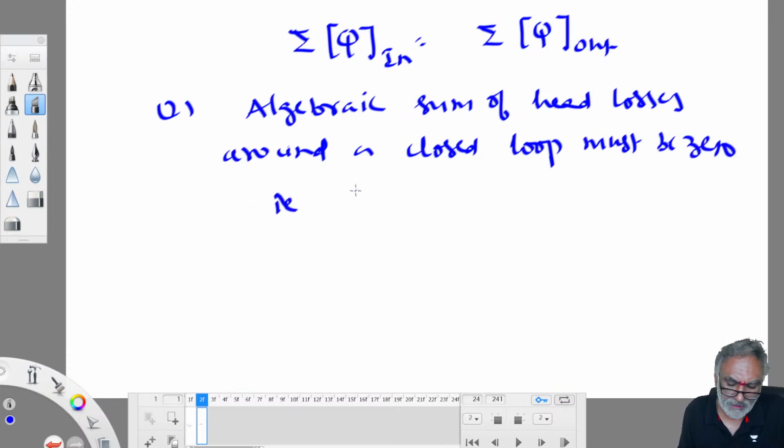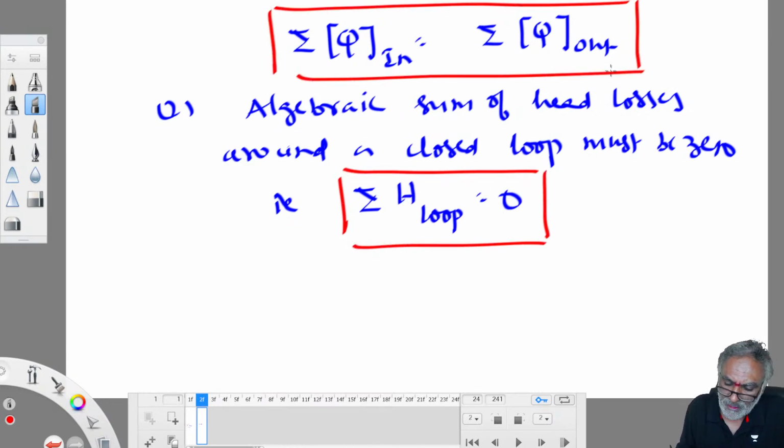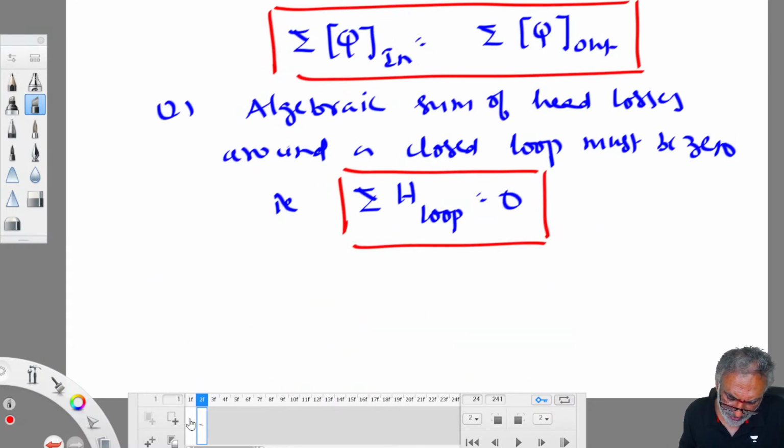That is sigma h around a loop must be 0. So based on these two conditions, he keeps on asking questions in GATE exam. And coupled with this, the Hardy-Cross equation.